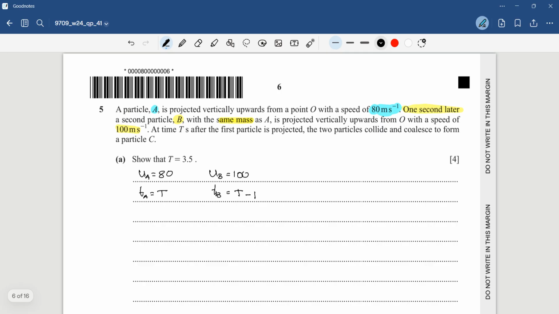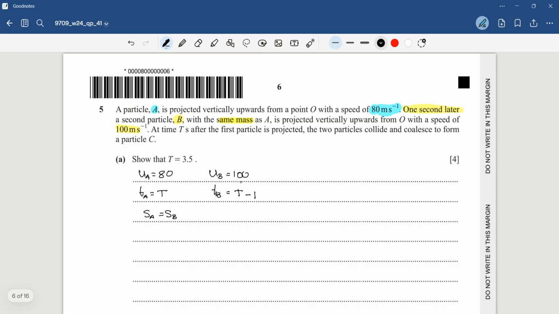Okay, so if A travels for T seconds, then B will travel T minus 1. During their collision, the distance traveled by A must be equal to the distance traveled by B, or displacement, doesn't matter.